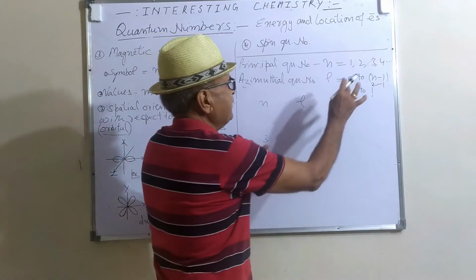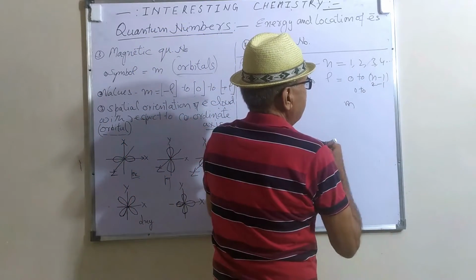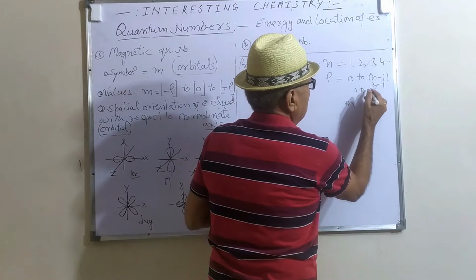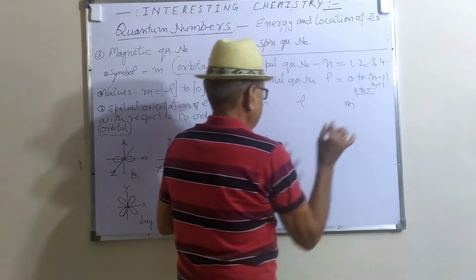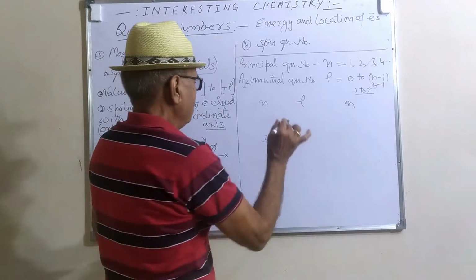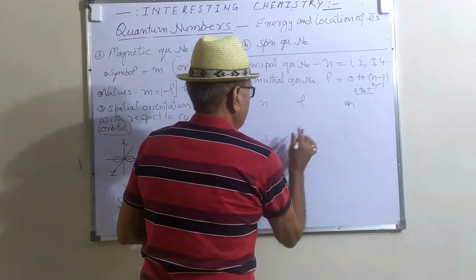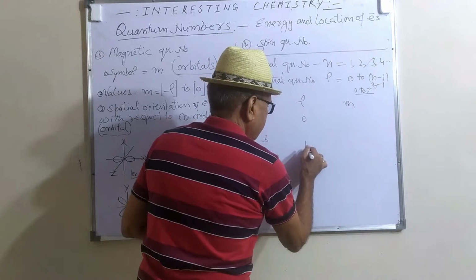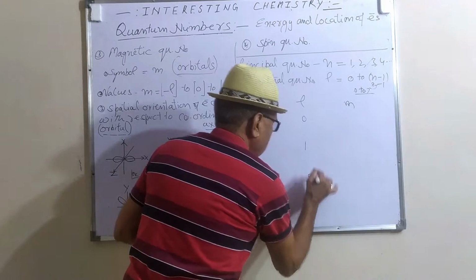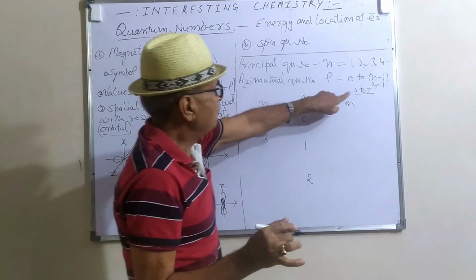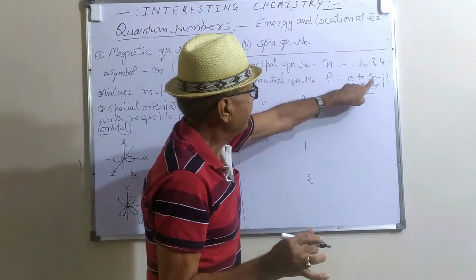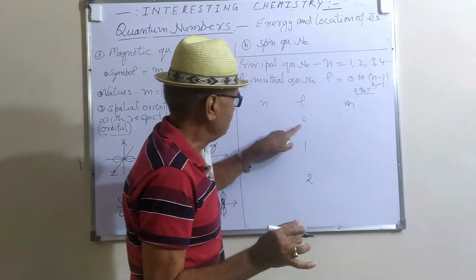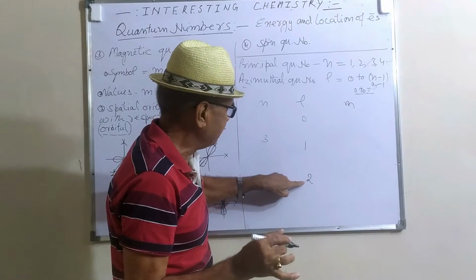It means 3 minus 1, so 0 to 2. The values of L are 0, 1 and 2.